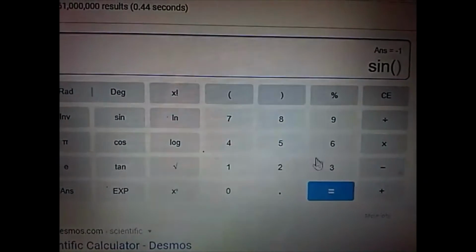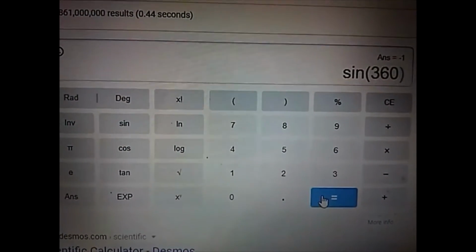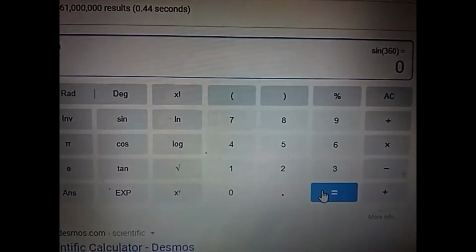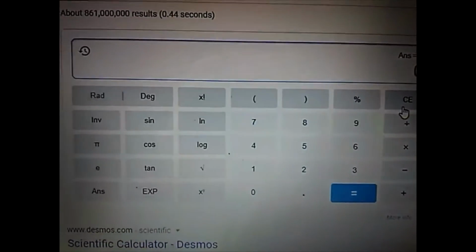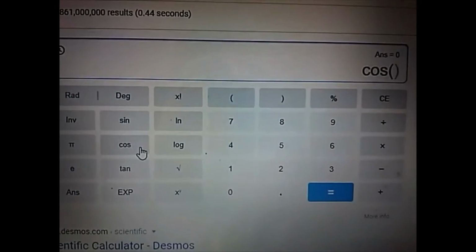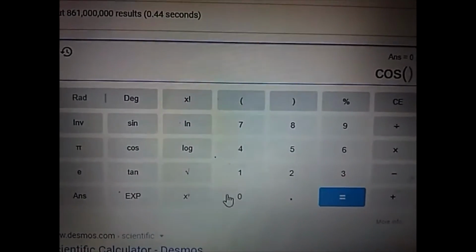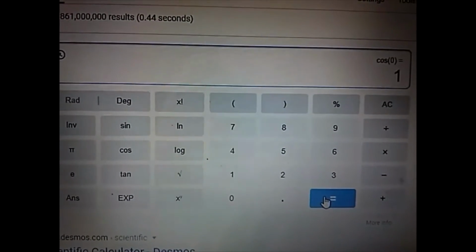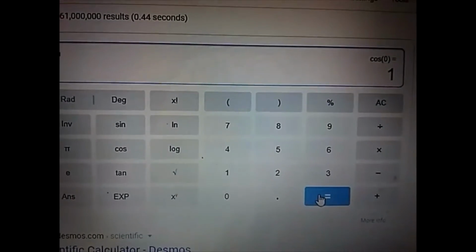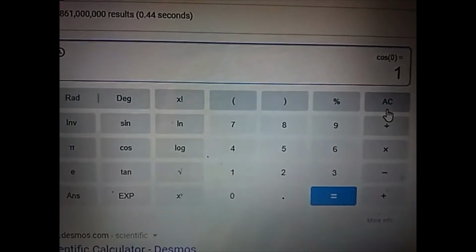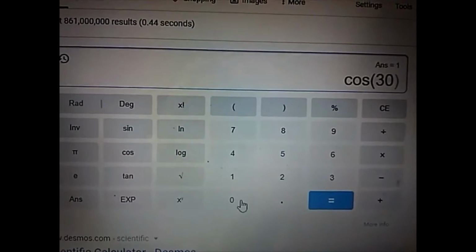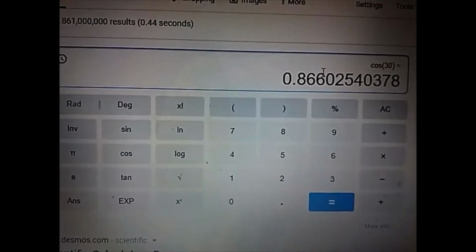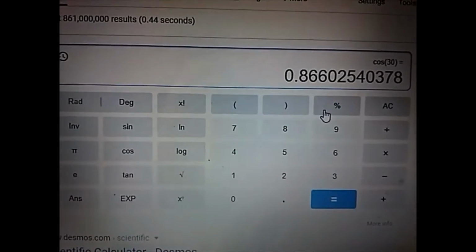And the sine of 360 degrees is back to 0, because that makes a full revolution around a circle. Alright, now, cosine is different. You see, the cosine of 0 degrees is 1. Alright, it starts as the highest it can go. Now, the cosine of 30 degrees is this number, which is the same as the sine of 60 degrees.